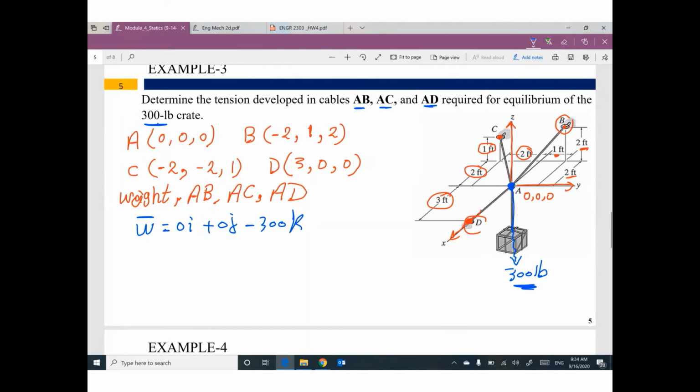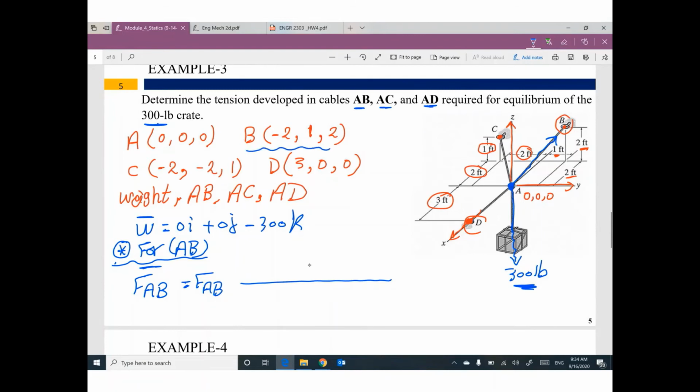Let's start the same story for AB. I assumed it to be AB like this. So AB as a vector equals FAB as a value times the unit vector. I said AB, so coordinates of point B minus coordinates of point A: -2 minus 0, +1 minus 0, +2 minus 0, will be -2i, +1j, +2k.